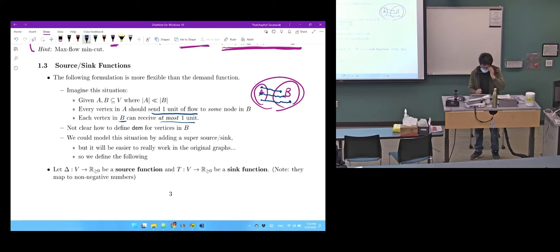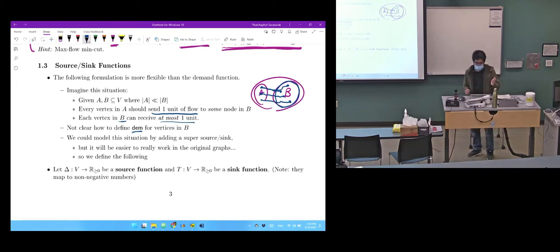Here it's not clear what you should define the demand on the vertices of B, because we allow flow to get to any node in B.